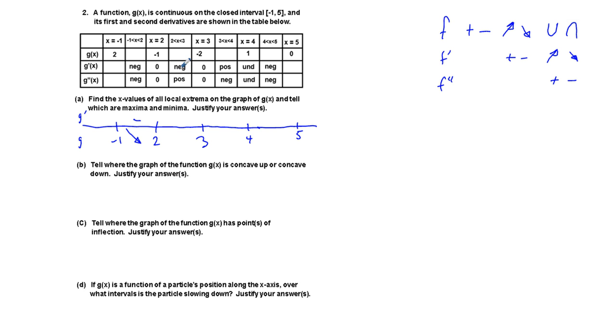Now, between 2 and 3, g prime is also negative. So g is decreasing on this interval. Between x equals 3 and x equals 4, we have g prime of x positive. So we are increasing here. And then finally, between 4 and 5, we go back to g prime being negative, so we are decreasing.